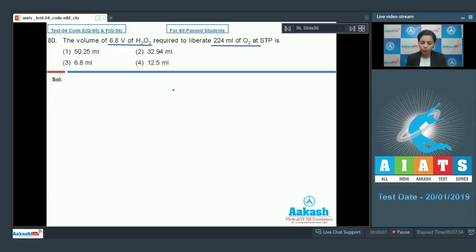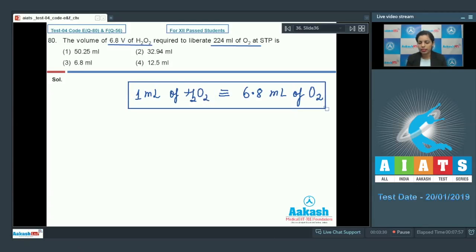As per the question, we can say that 1 ml of H2O2 on decomposition liberates 6.8 ml of oxygen gas. This is the clear thing that's given in the question.